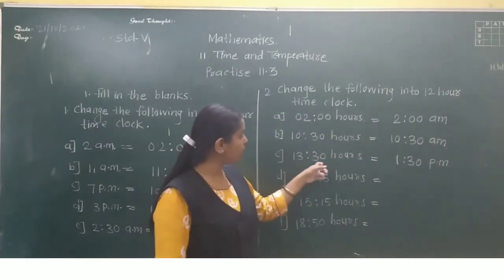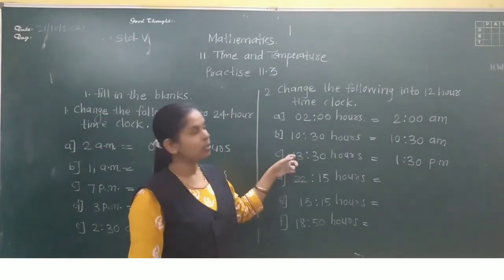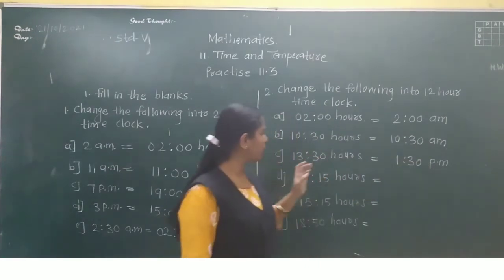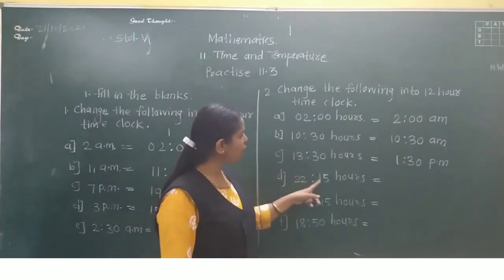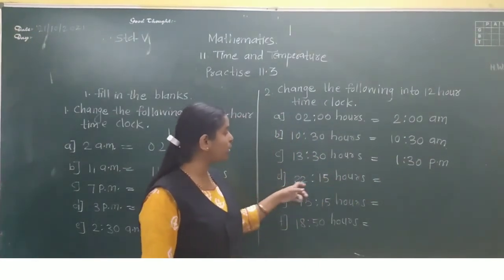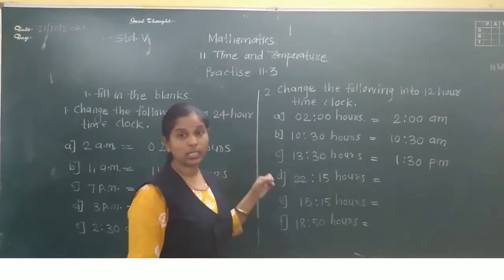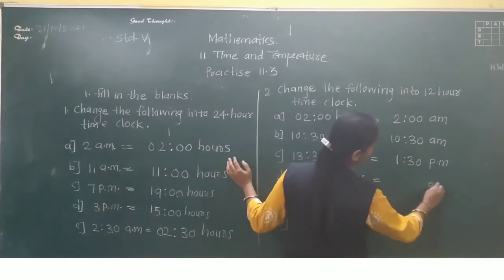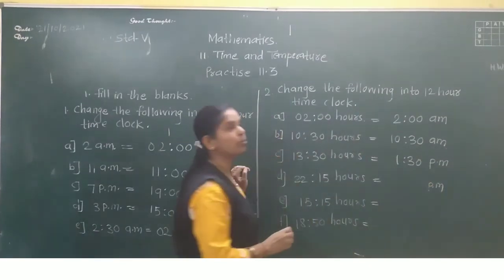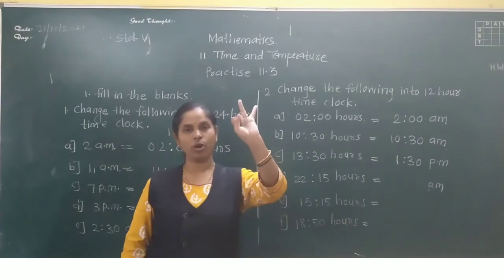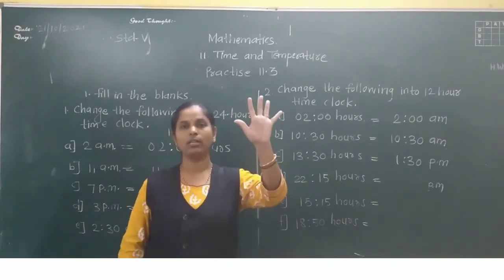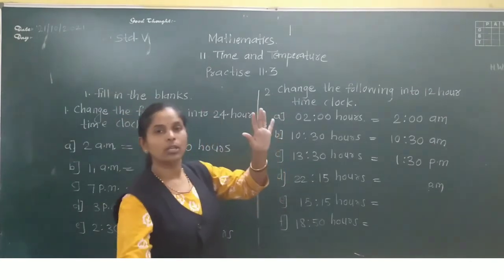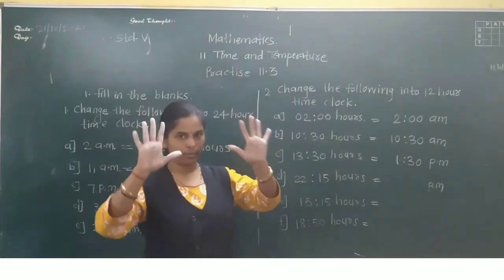Here the number is greater than 12, by 1. So 1:30 PM. Next, 22:15 hours. Again the number is greater than 12, which means the time will be PM. And 22 means 13, 14, 15, 16, 17, 18, 19, 20, 21, 22, so 22 means 10.